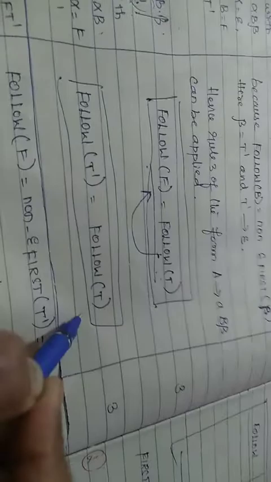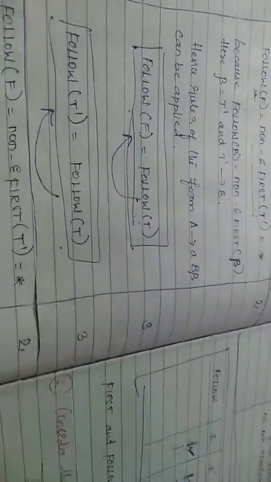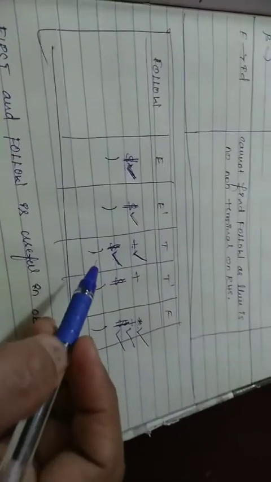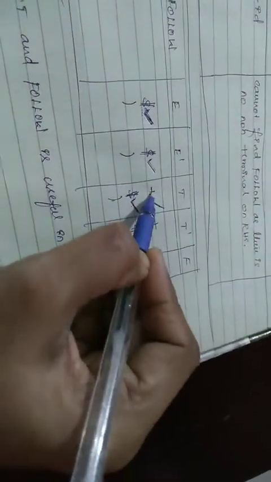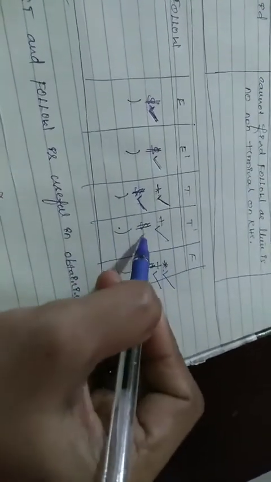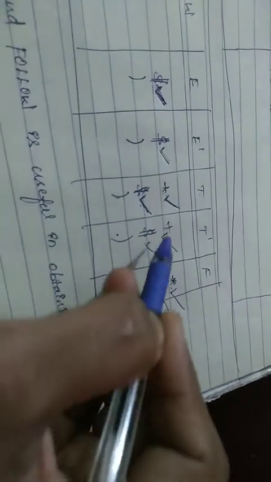Whatever is there in T will go to T dash. What is there as of now in T? Plus and then dollar. That will go to T dash. Correct?